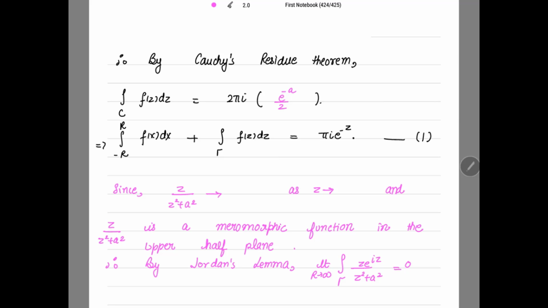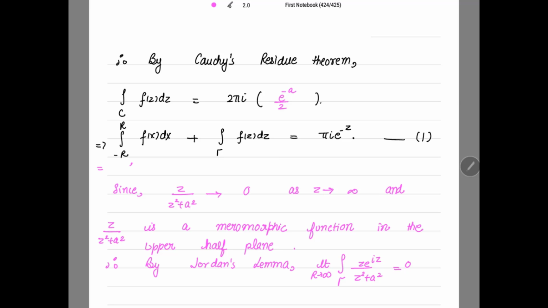Since z over z square plus a square tends to 0 as z tends to infinity, and is a meromorphic function in the upper half plane, by Jordan's lemma the integration over the semicircle, as limit r tends to infinity, is 0.